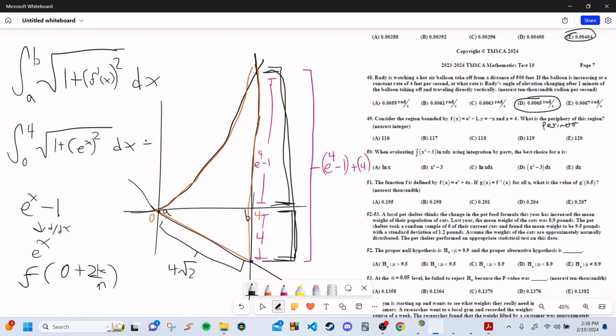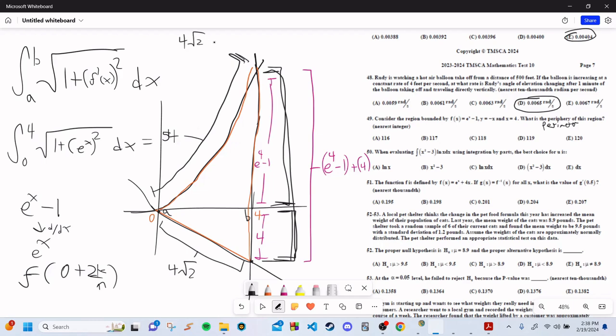If we calculate that integral, it comes out to about 54. That would be the length across this curved part, 54. So we're going to add up all the parts to get the perimeter.